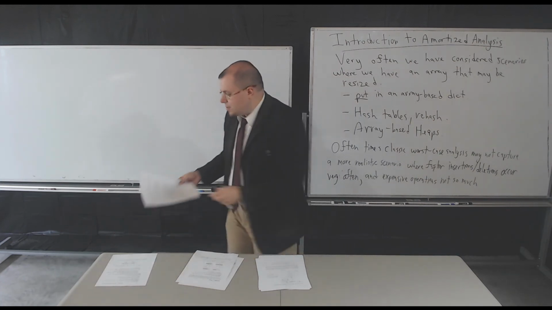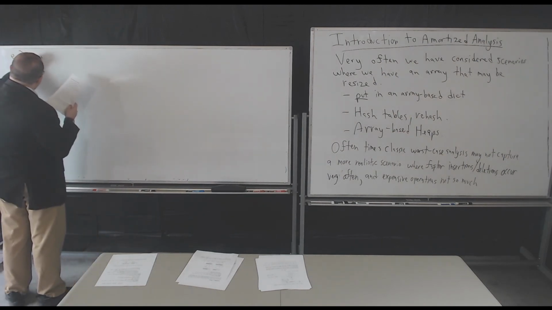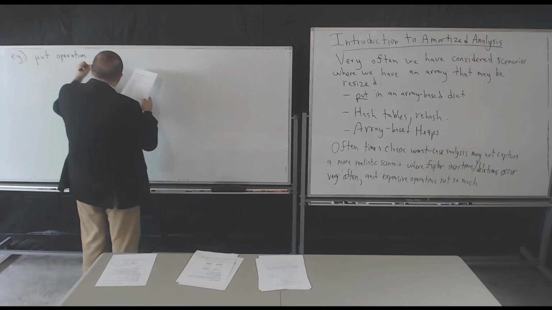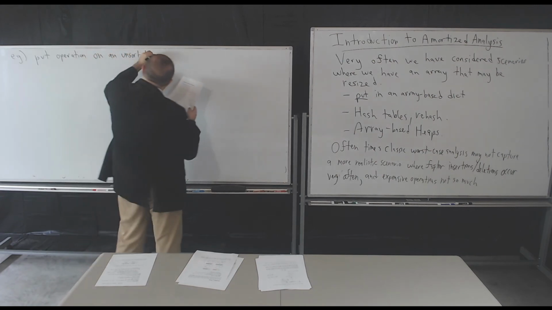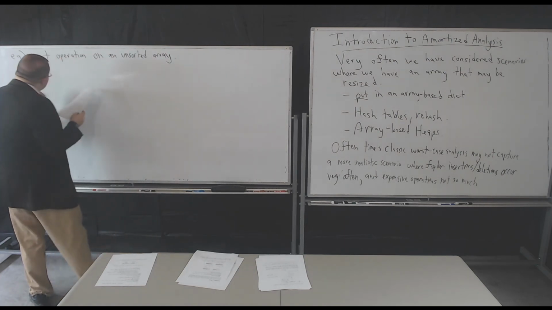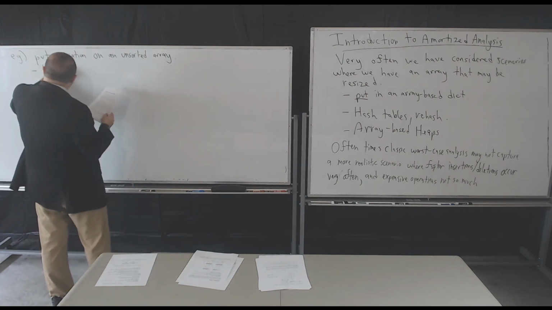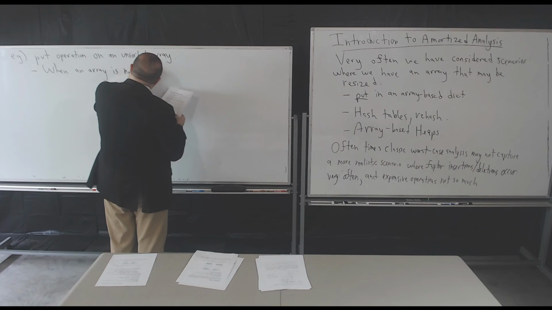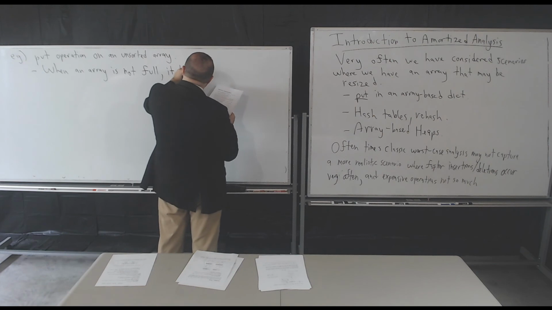Okay. So here's an example. We're going to consider a put operation on an unsorted array. There are two possibilities on a put. When the array is not full, it takes constant time.